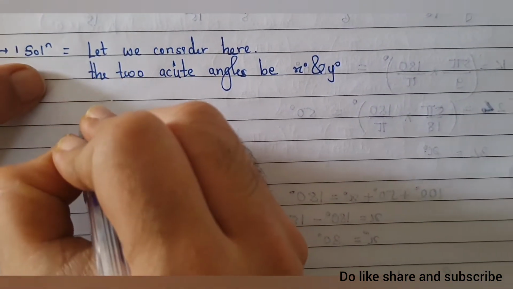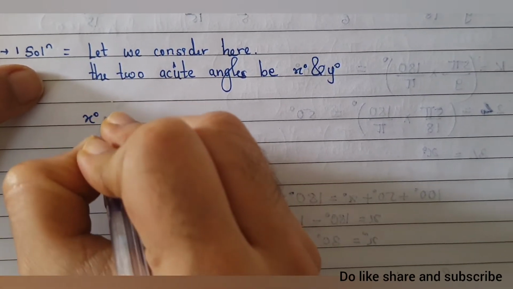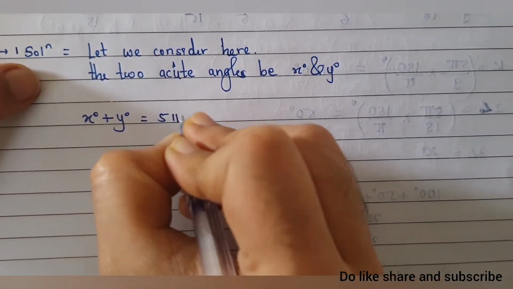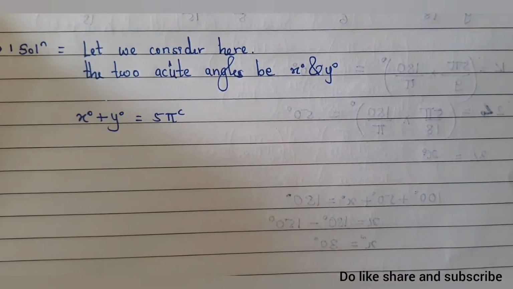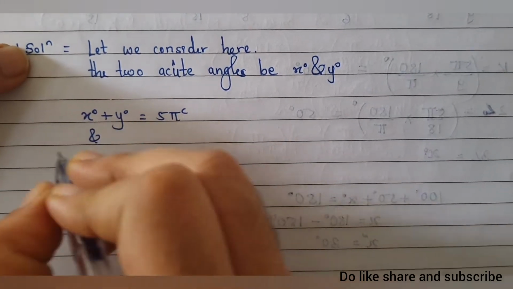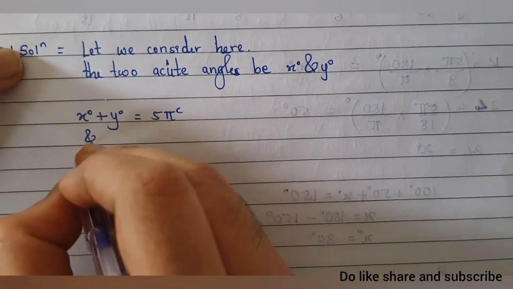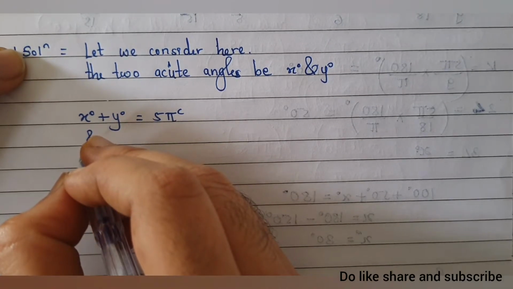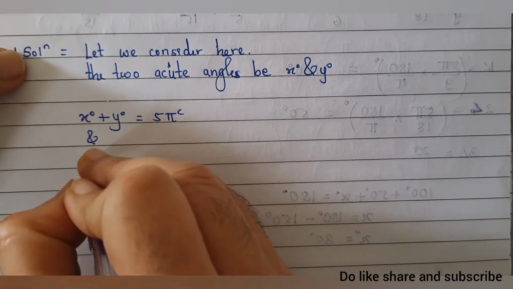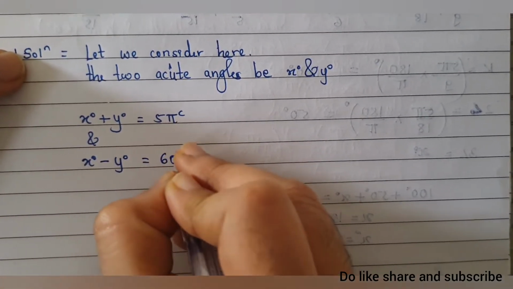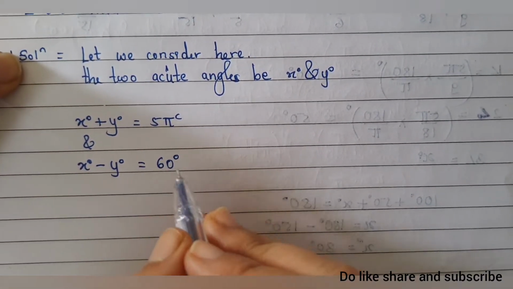So here we are given x degrees plus y degrees is equal to 5 pi radian, and the next given statement is the difference between these two acute angles is 60 degrees. Therefore x degrees minus y degrees is equal to 60 degrees.